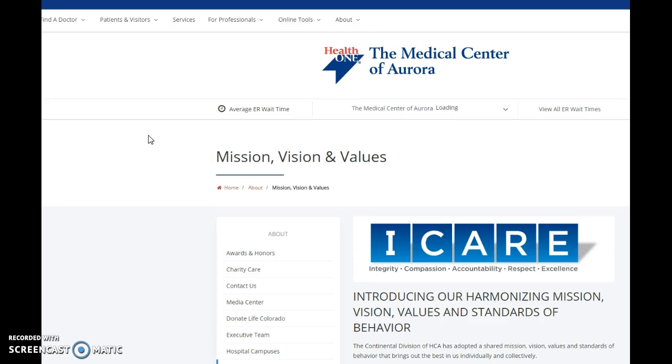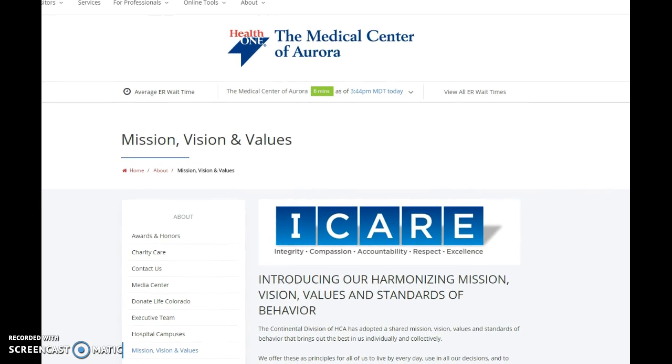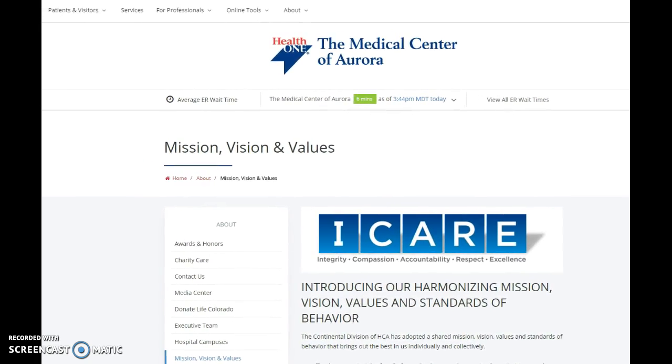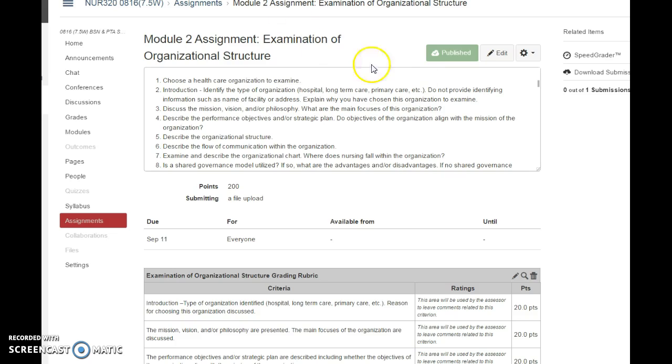So all these are pieces of your paper that you can pretty much find on the internet. So again, this is just an overview of how you could go about finding some of the information without actually having to interview a person. So finding your organization is the first thing you need to do.